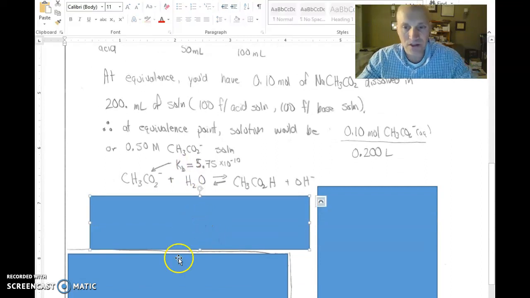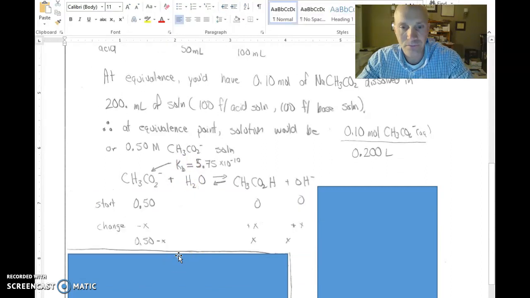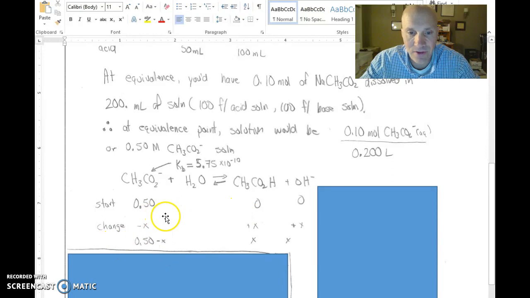Well, we're going to set up the same classic start, change, finish, or final state type of calculation. So we know that the molarity of our acetate at the start would be 0.50 molar. That's what we calculated here. And we would have 0 of these guys.